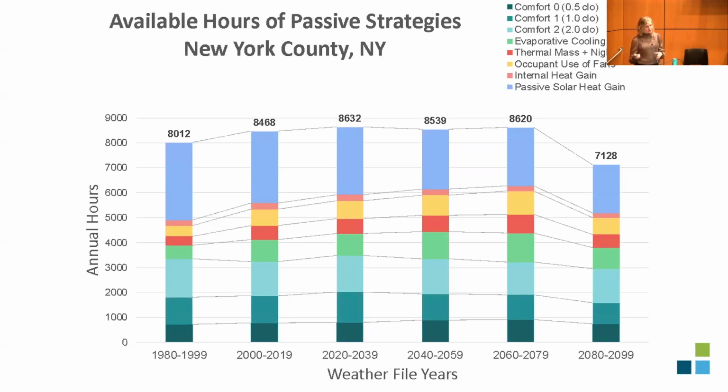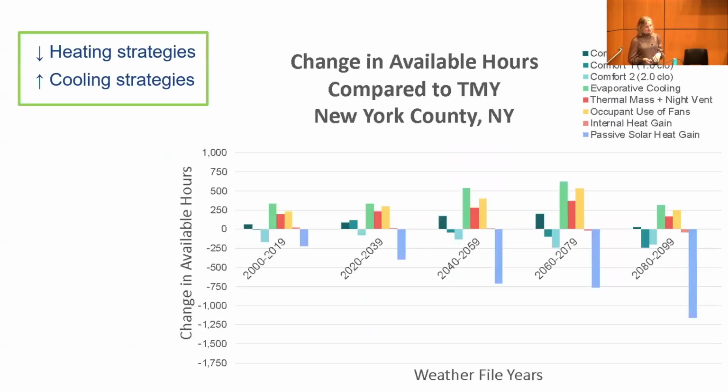And what we're seeing is that until you get way out into the future, interestingly, the total number of available passive strategy hours is increasing over time, or with increasing climate conditions. And in general, like with the UI example, we're seeing a decrease in the available heating strategies and an increase in the available cooling strategies.